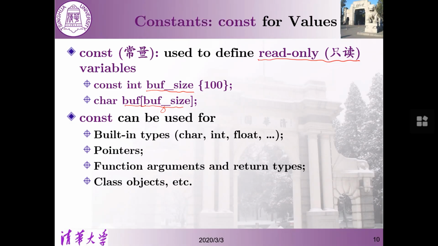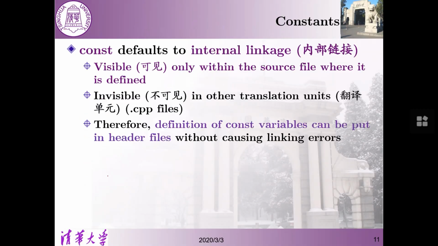So const can be used for built-in types, such as characters, integers, floats, and pointers, etc. And function arguments and return types can be used with const, also class objects. So const defaults to internal linkage. It is visible only within the source file where it is defined, and invisible in other translation units. Therefore, definitions of const variables can be put in header files without causing linking errors.